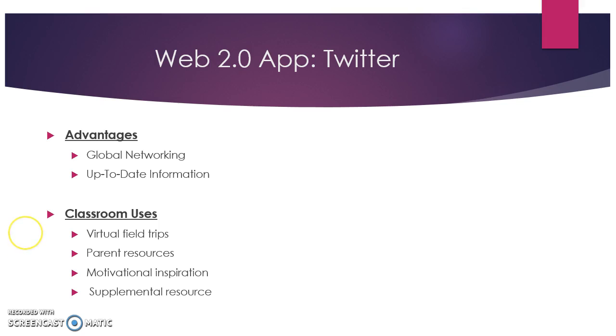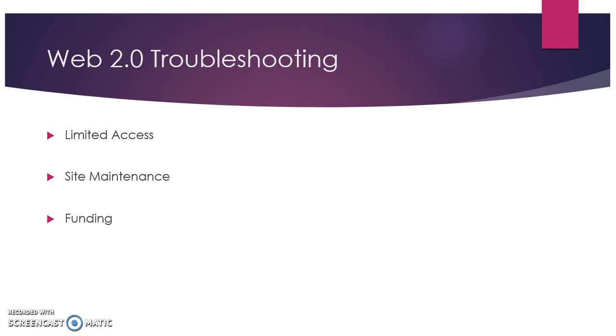Now, along with any technology, there can be some troubleshooting issues sometimes. Depending on your community and your classroom, there can be limited access. Not all students may have internet access at home or a tablet or things like that. With any kind of technology, there are site maintenances where the site might be down for certain periods of time while they're updating or working on their server.